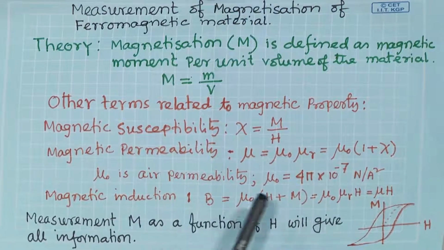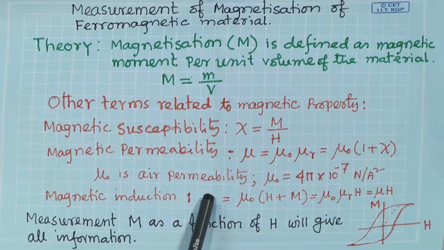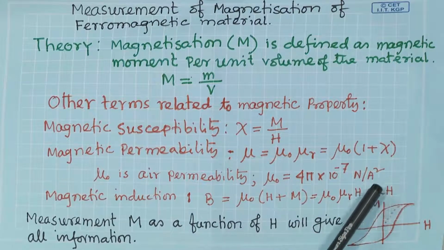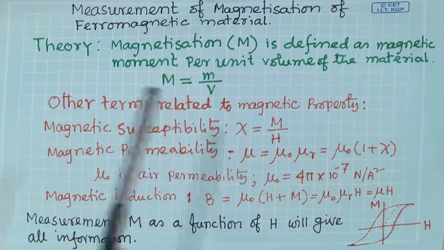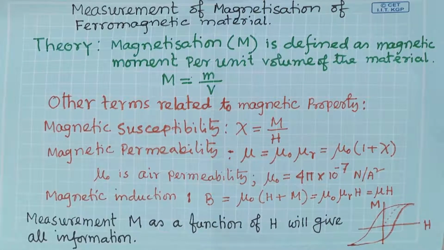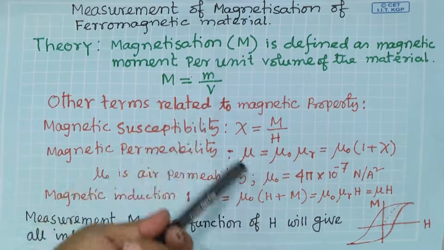So B is basically mu H. From here you can see that if we measure magnetization as a function of magnetic field, we get all the information.